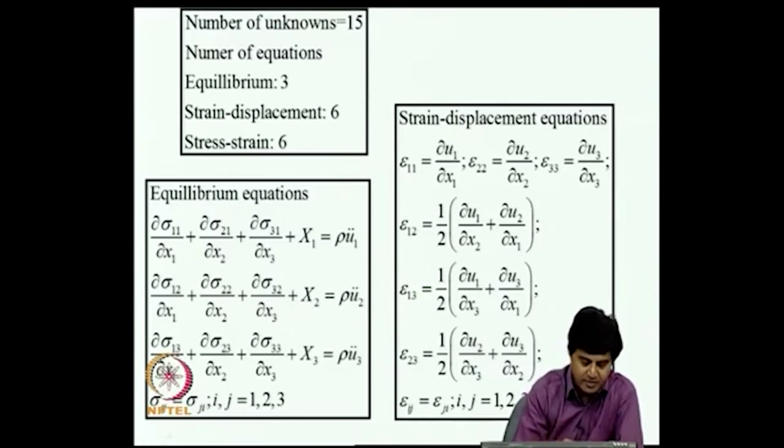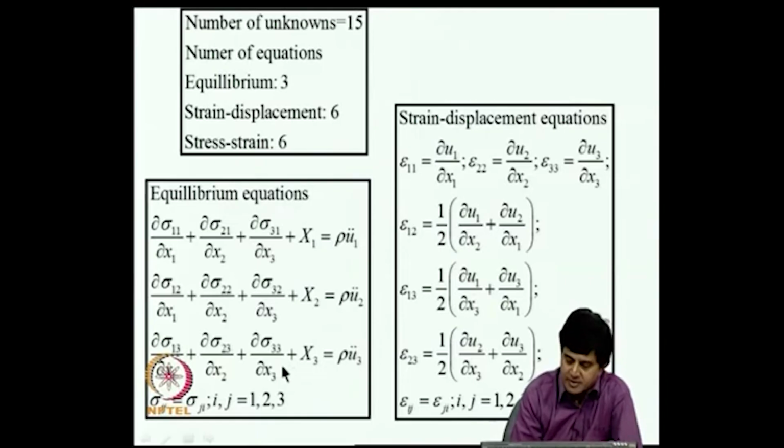The equilibrium equations have terms involving gradients of stresses, and these capital X1, X2, X3 are the body forces, forces which are proportional to the volume, and rho is the density. The terms u1 double dot, u2 double dot on the right hand side represent the inertial forces. Since sigma ij is the same as sigma ji, there will be 3 equilibrium equations.